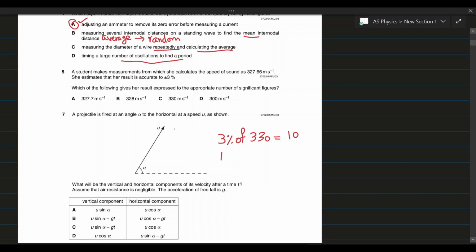So her answer would be 330, because 3% of 330 is 10, and her answer is like 326.66. So we can consider it to how many? Two significant figures. So that would be rounded off to 330.